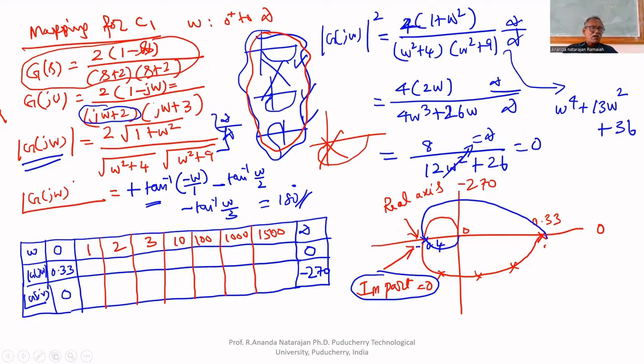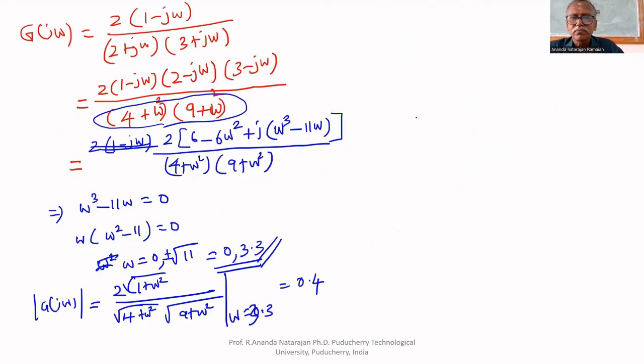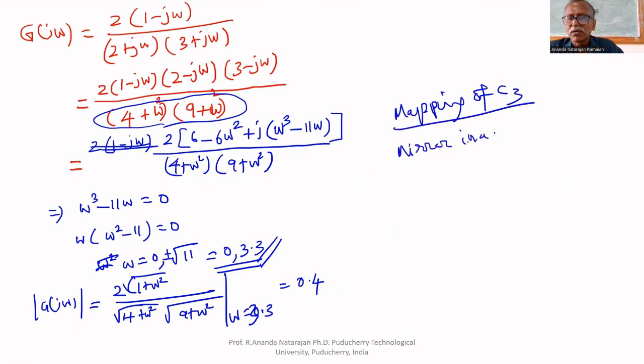That's why we got this plot. So the mapping of C3 is always the mirror image of the mapping of C1.